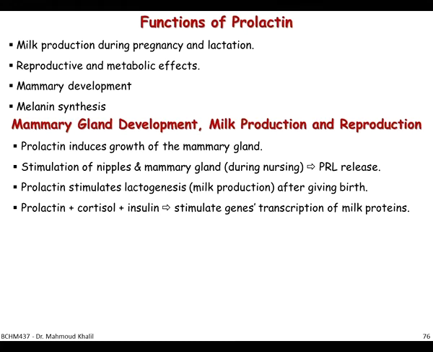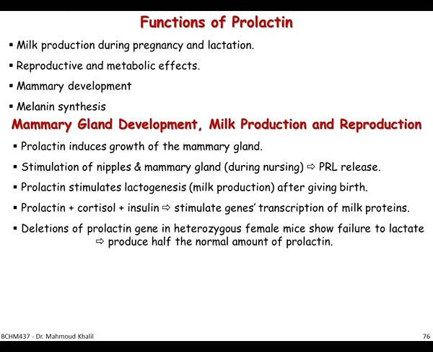The prolactin as well stimulates lactogenesis or milk production after giving birth. The prolactin plus cortisol plus insulin all together work synergistically to stimulate gene transcription of the milk proteins.